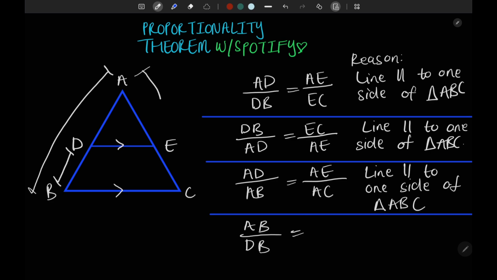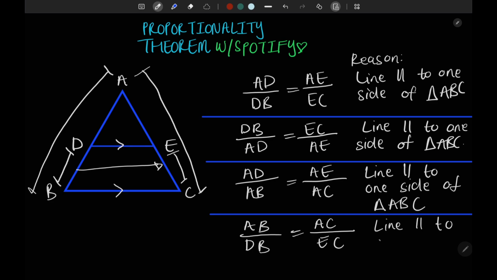So this would be AC, the entire length, AC over, we said DB, which side matches with DB, EC from here to there over EC. You also have to give a reason, line parallel to one side of triangle ABC. So it doesn't matter the order in which you start. What matters is that you make sure that the sides match.